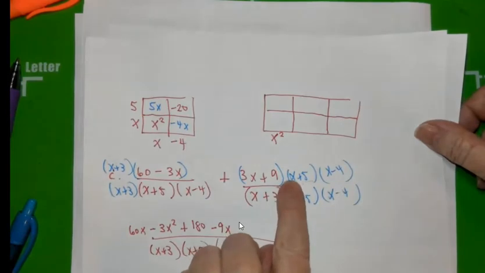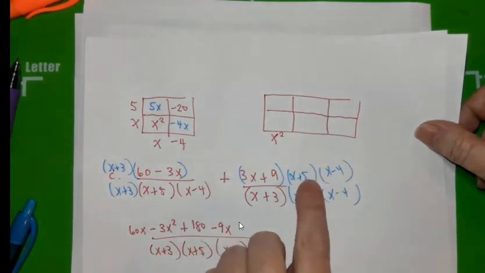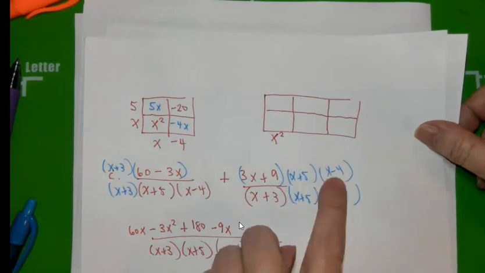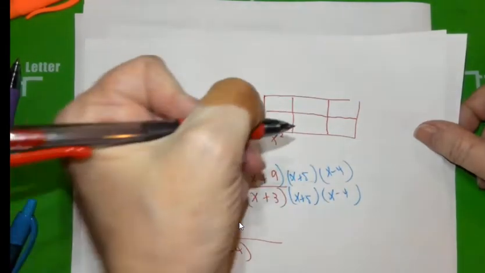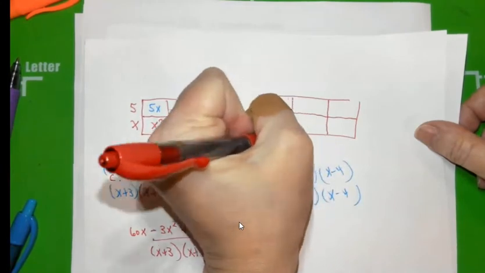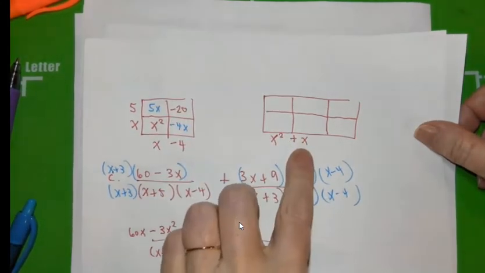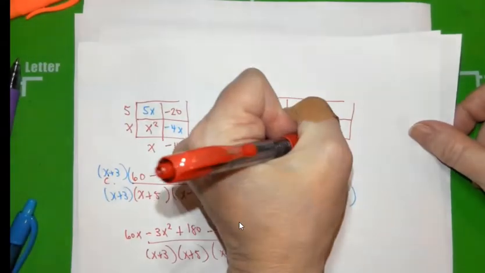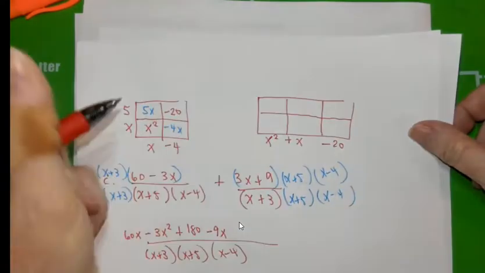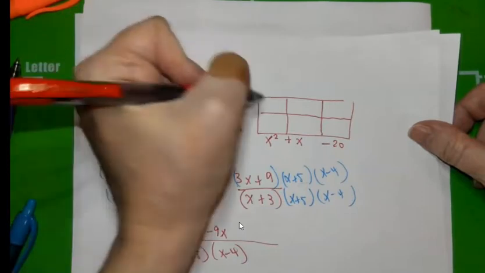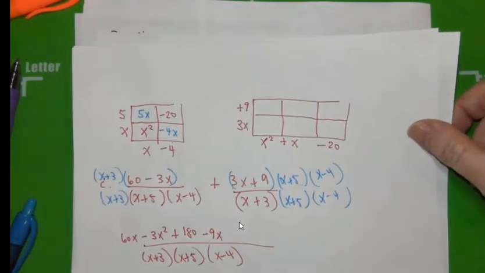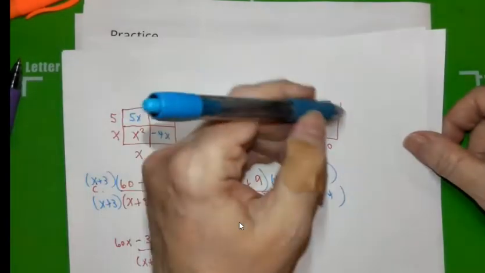Negative 4x and positive 5x, those two add up to what? Negative 4x, positive 5x add up to positive 1x. So I'm going to put an x here. This is plus 1x. And then 5 times negative 4 is equal to negative 20. And I'm going to put that here. The other binomial, 3x plus 9, I'll put it on the left side. And now I'm going to multiply all that out.